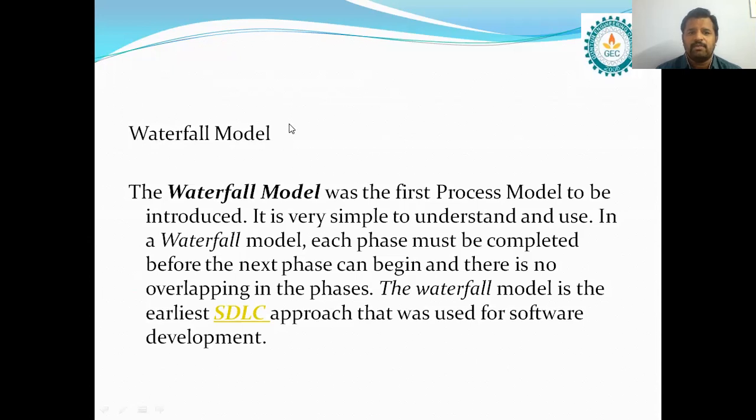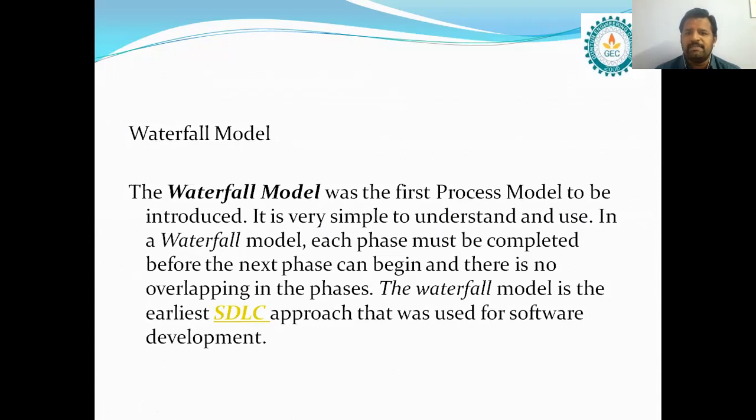First of all, we'll discuss the waterfall model. The waterfall model was the first process model to be introduced. It is very simple to understand and use. So among all these models, the first process model that was used is the waterfall model.